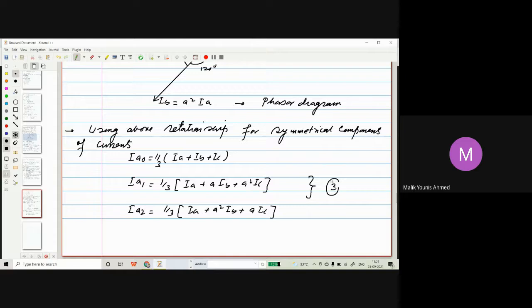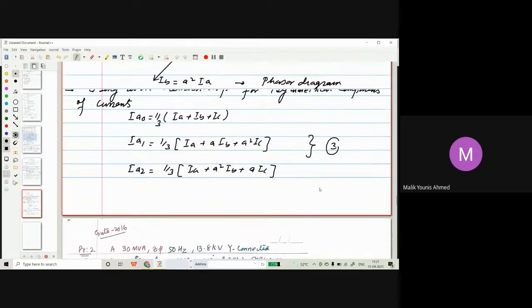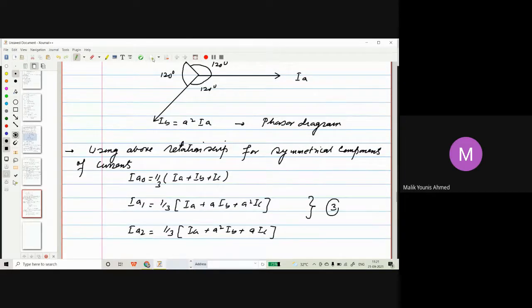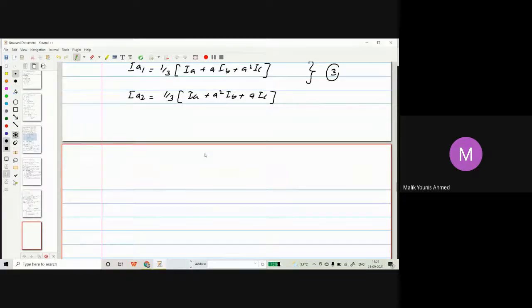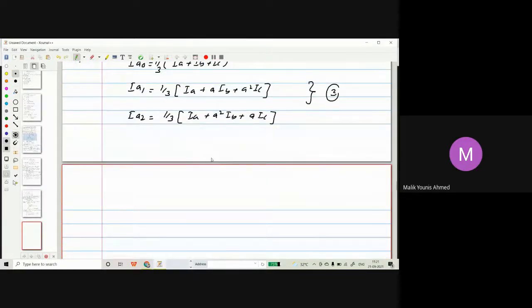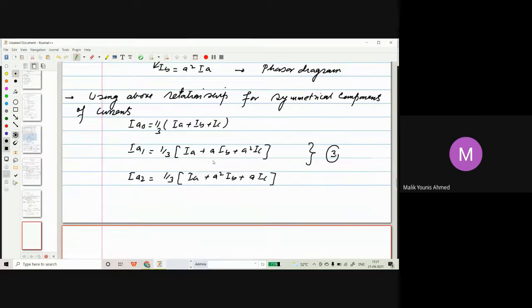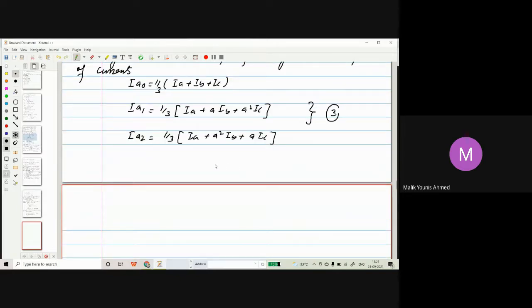Now let us put the relationships in. In the first case, let me write for IA1. IA1 is 1 by 3.